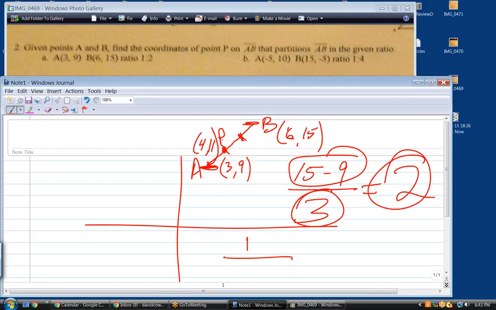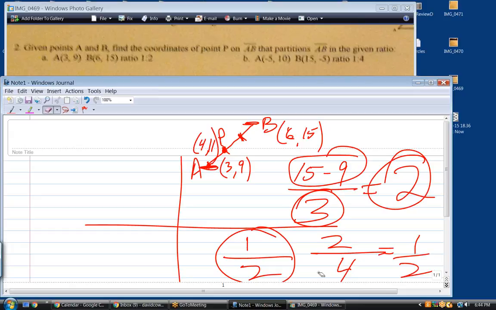The x-coordinate from P to B is a differential of 2. There's my 1:2 ratio. Y-coordinate from A to P is a difference of 2. The y-coordinate from P to B is a difference of 4. There's my 1:2 ratio again. So I'm doing it properly.